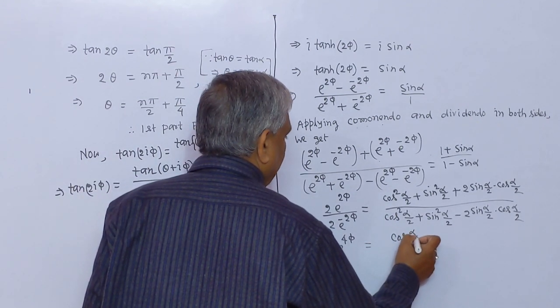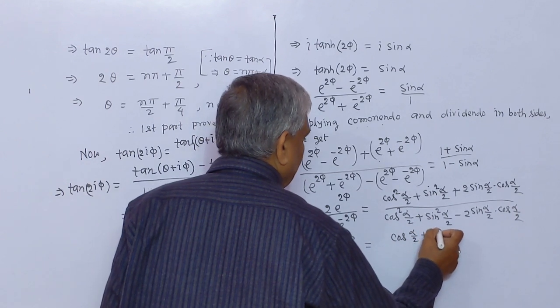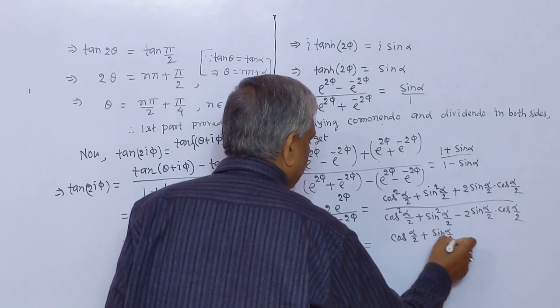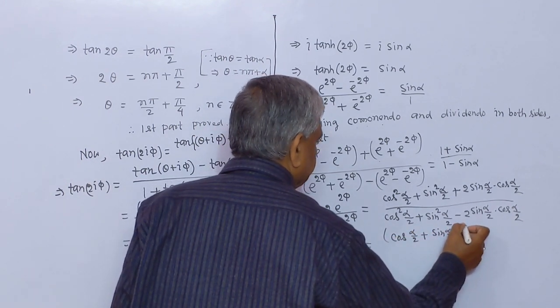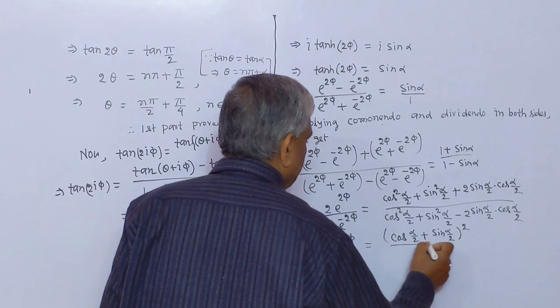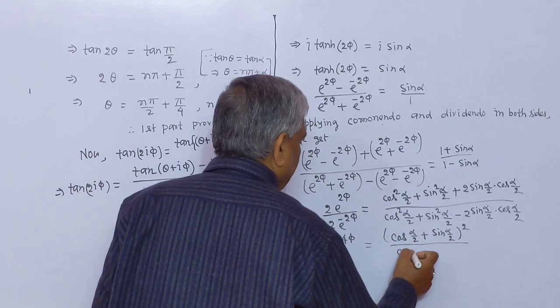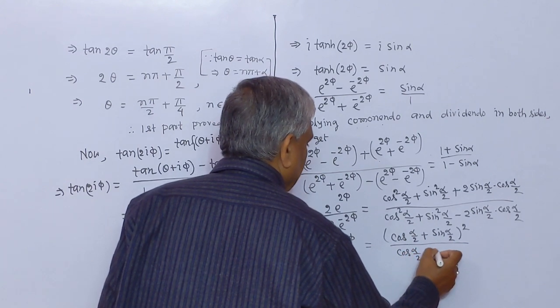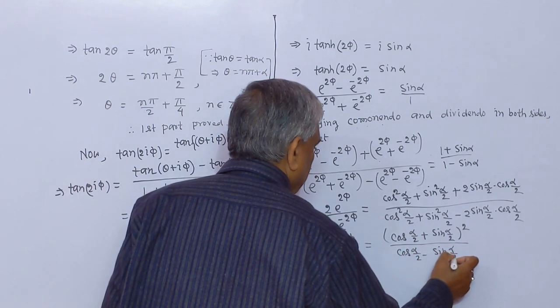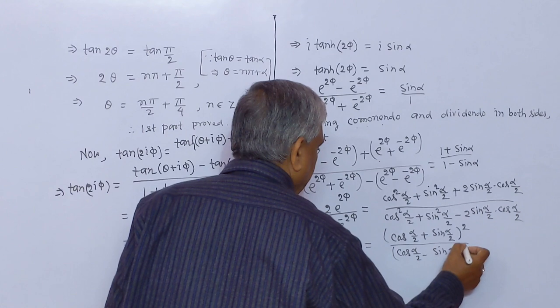This is equal to (cos alpha by 2 plus sin alpha by 2) whole square, and here (cos alpha by 2 minus sin alpha by 2) whole square.